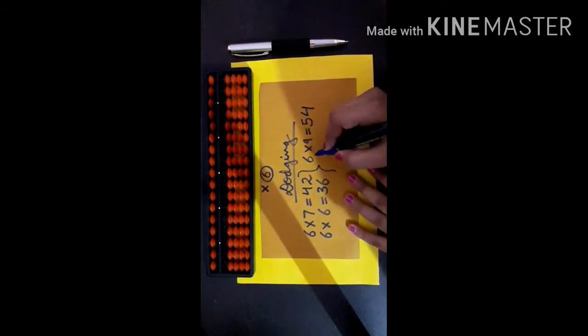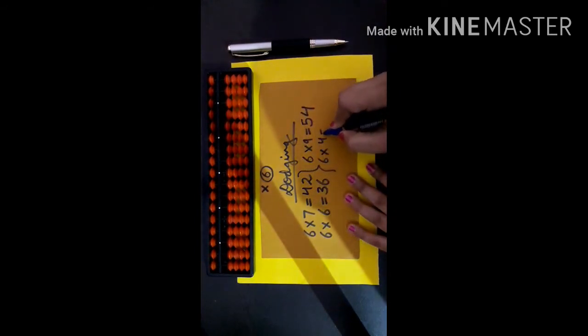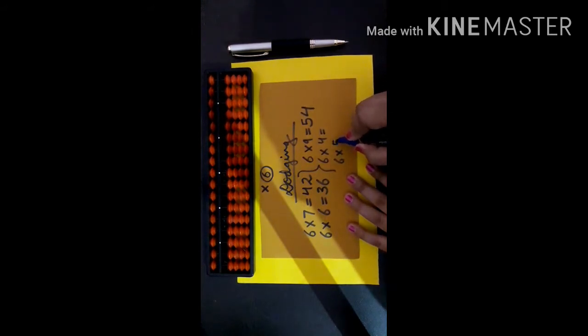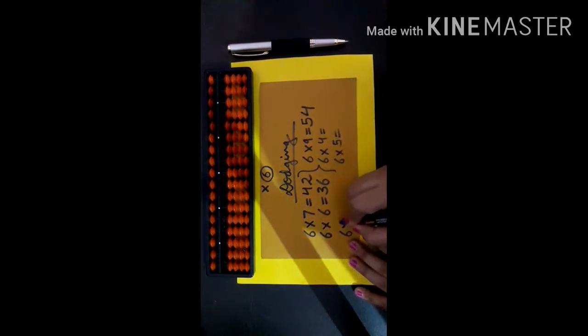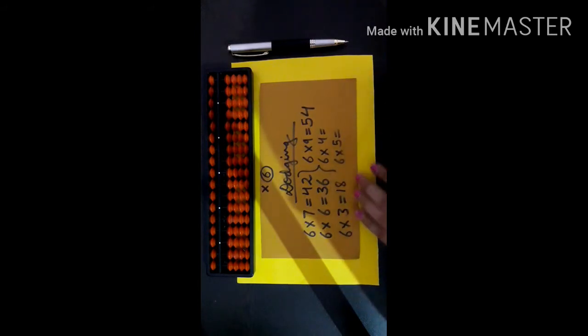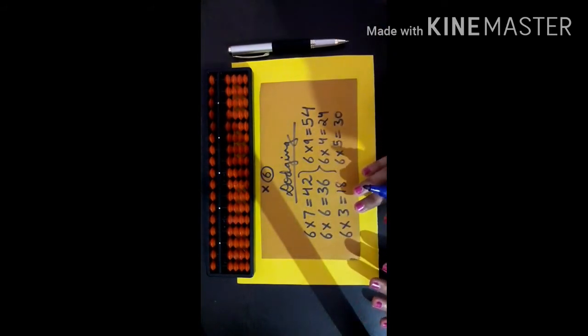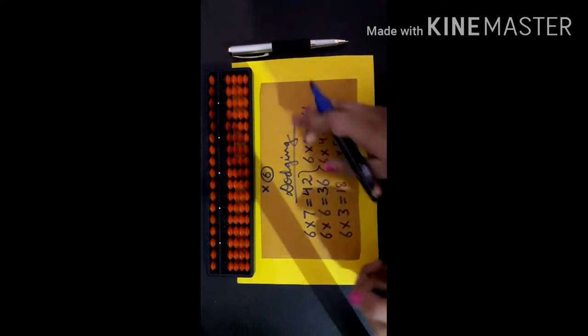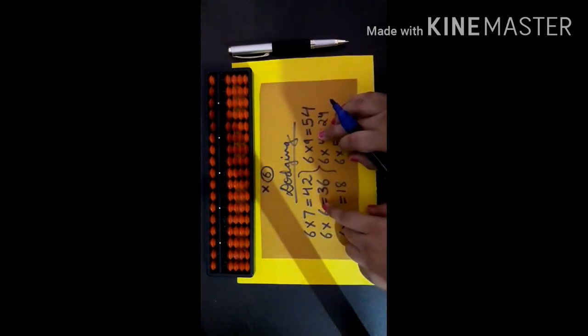Like you will learn 6 fours are, 6 fives are, 6 threes are 18, 6 fours are 24, 6 fives are 30. This directly you have to learn. A quick response will help you in multiplication by 6.